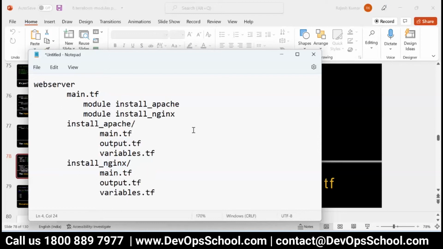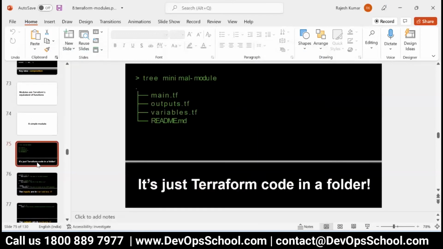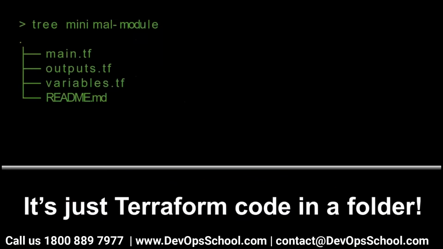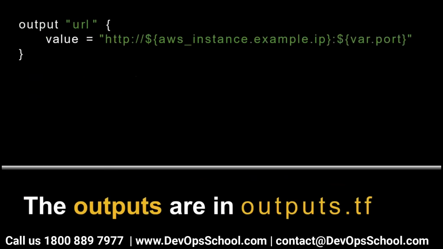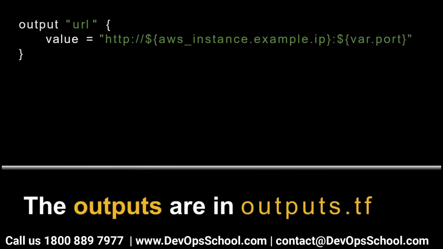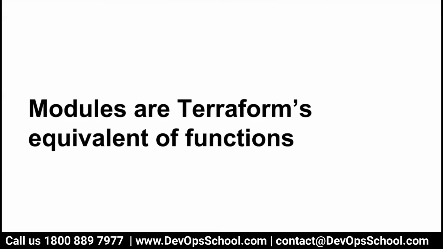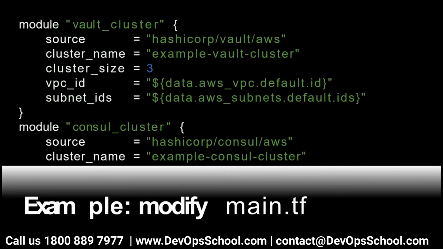If you look at this, go up. What I am showing you is a child module structure, which can have variables, output, resources. How do we call it? Just like I showed you a little bit earlier, like this.